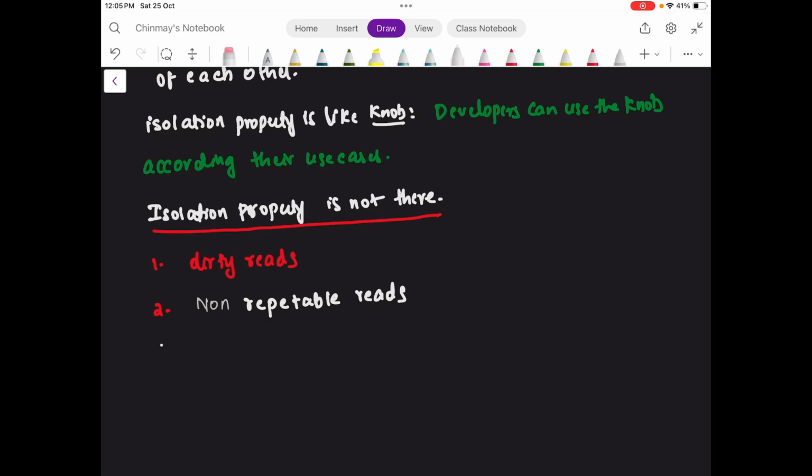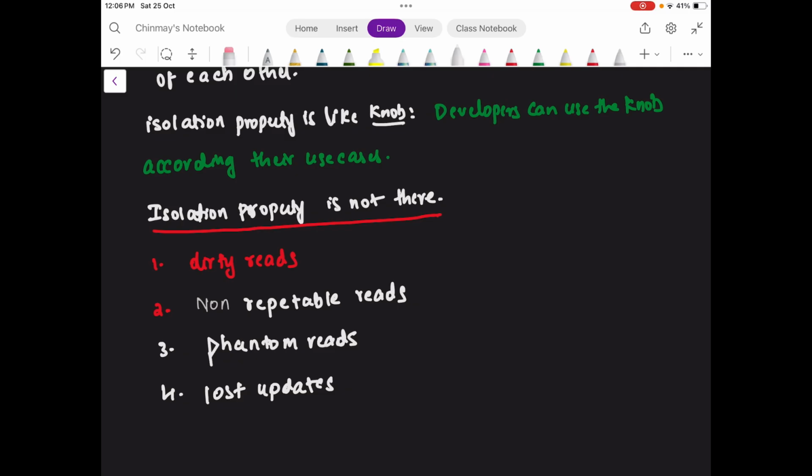Third one, phantom reads. Fourth one, lost updates. Let's discuss everything. Each one is a level. Dirty reads, non-repeatable reads, phantom reads, and lost updates. These are the problems if there is no isolation property.